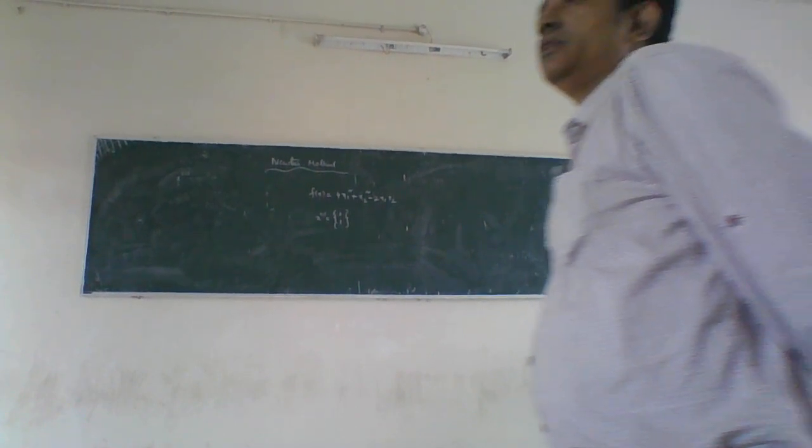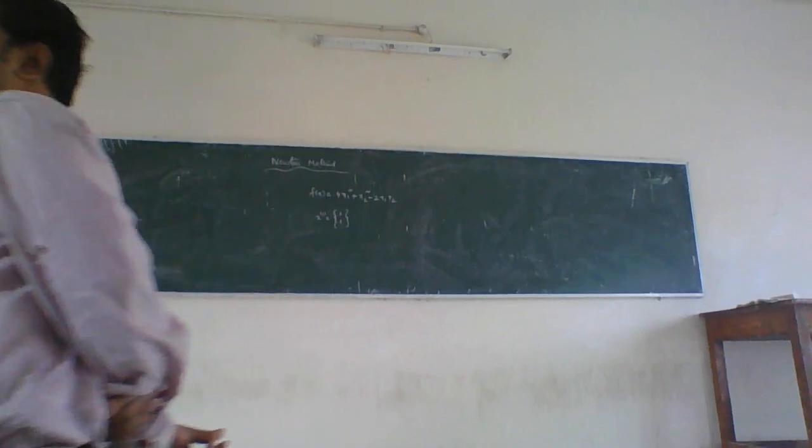x1 is given. Find out small g. What is small g? Del f1, that is dou f by dou x1, dou f by dou x2.